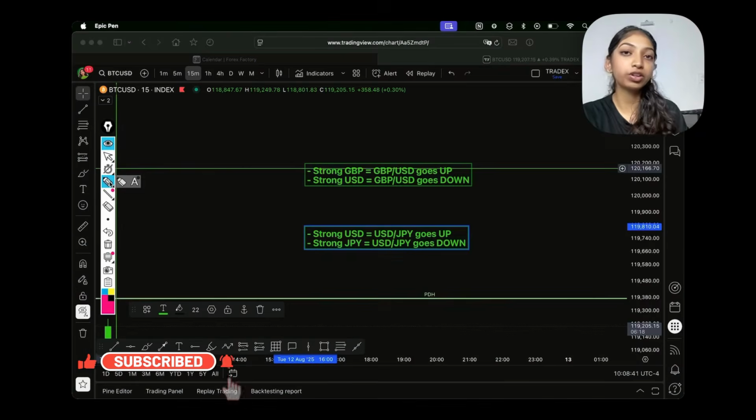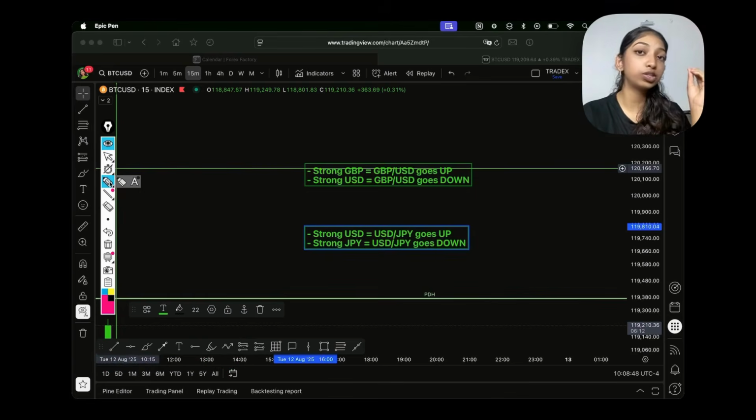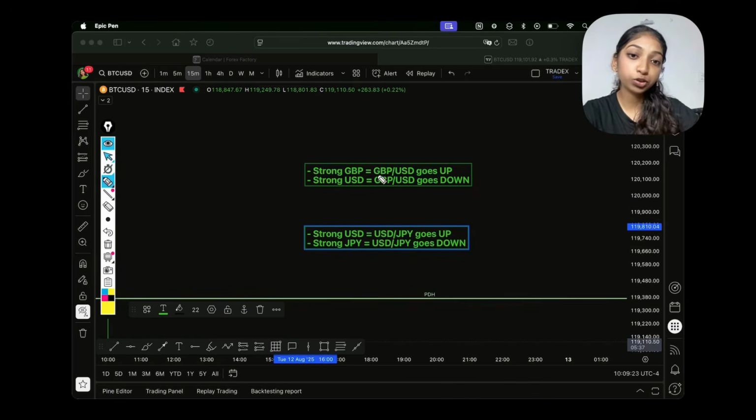So here's a quick little currency tip. I personally had doubts, because I always wondered, if USD is going up, then why is USD JPY falling down? I had a lot of questions coming my way, a lot of DMs about this, so I just wanted to clarify that in this video. Let's take two examples. If you're trading the GBP USD pair, the first currency, GBP, is the base currency.